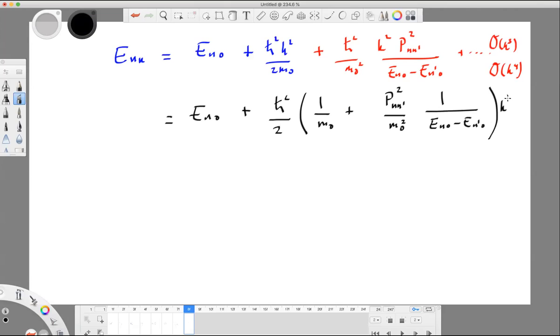And this is multiplied by ħ². So here you have the first term, ħ²k²/2m0, is this term here. And then we have this correction here.